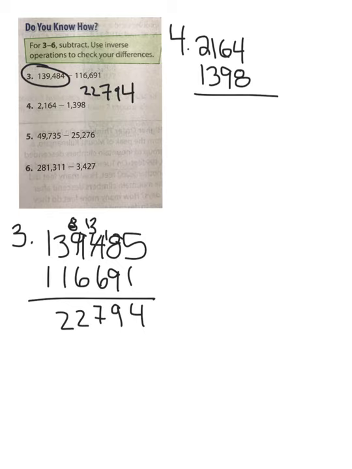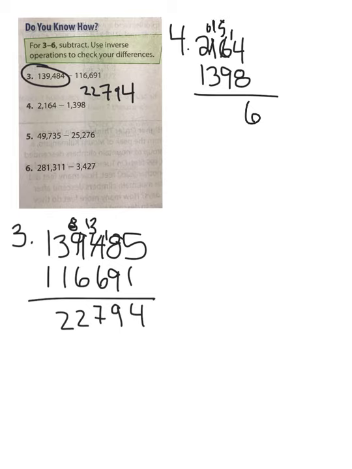Number 4. Start with your ones place. You cannot take 8 from 4. So go to the 6, which is in the tens place, make it a 5. Add your 1 over to the ones place. 14 minus 8 is 6. You cannot take 9 from 5, so you have to go to the hundreds place. Cross off your 1, make it 1 less, which is a 0.